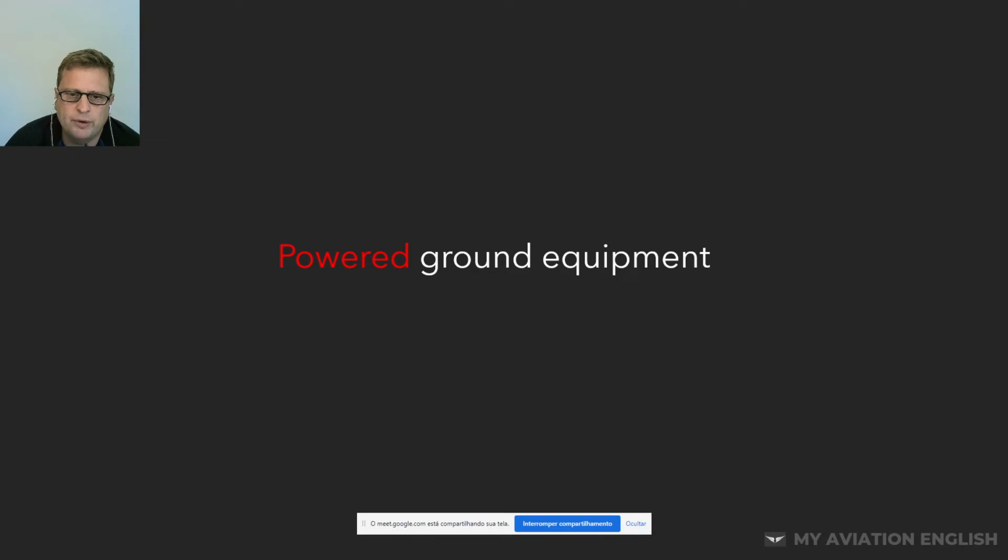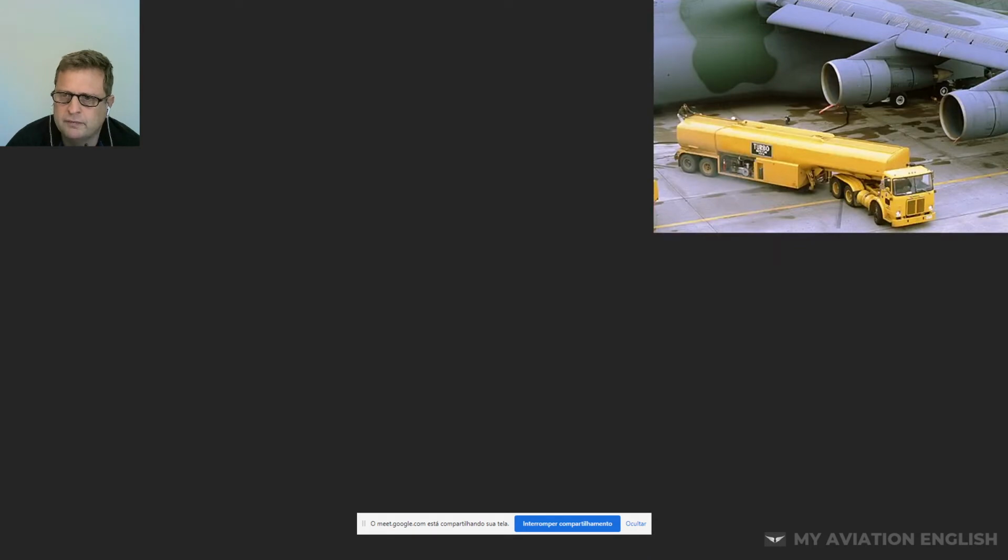And finally, powered ground equipment. Repeat for me, powered ground equipment. How do you say this? Fuel truck. Refuelers.